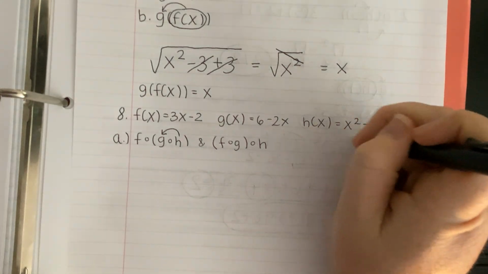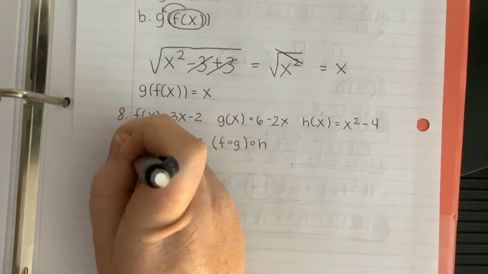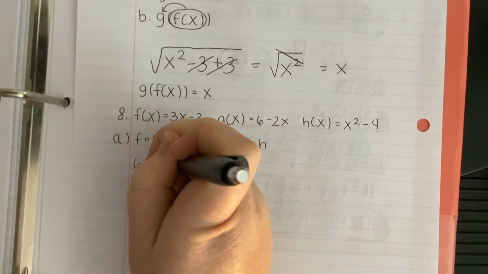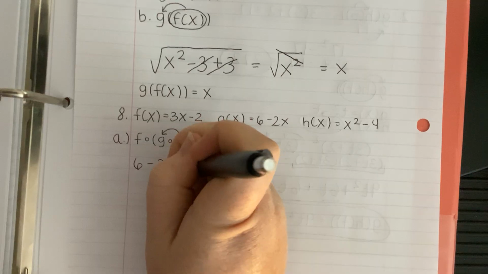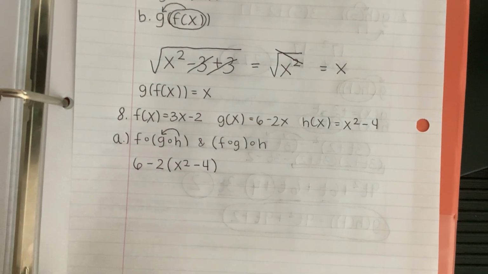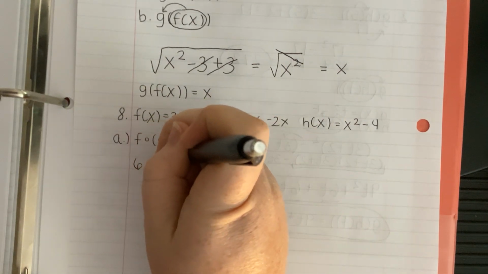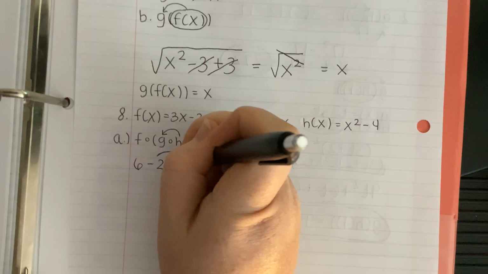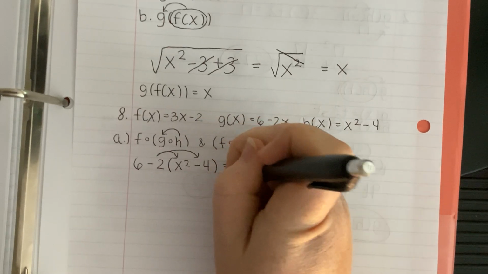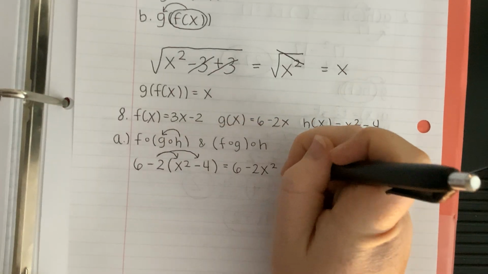So we're going to take this h equation and plug it into g. So we're going to get 6 minus 2 times x squared minus 4. That's taking this equation right here, and we plugged it in for x. Then we're just going to simplify, so we're going to distribute: 6 minus 2x squared plus 8.